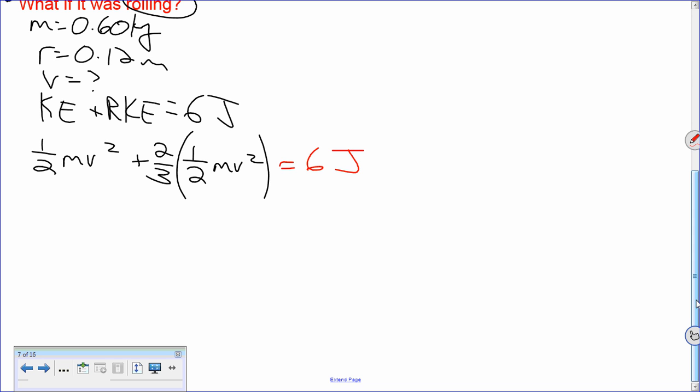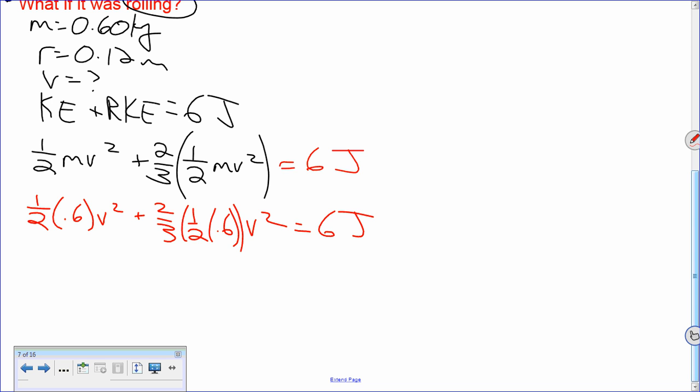I'm using red now. Deal with it. All right, so what do we get? You get 1/2 times the mass, 0.6, v squared, plus 2/3 of 1/2 times 0.6 v squared, equals 6 joules.